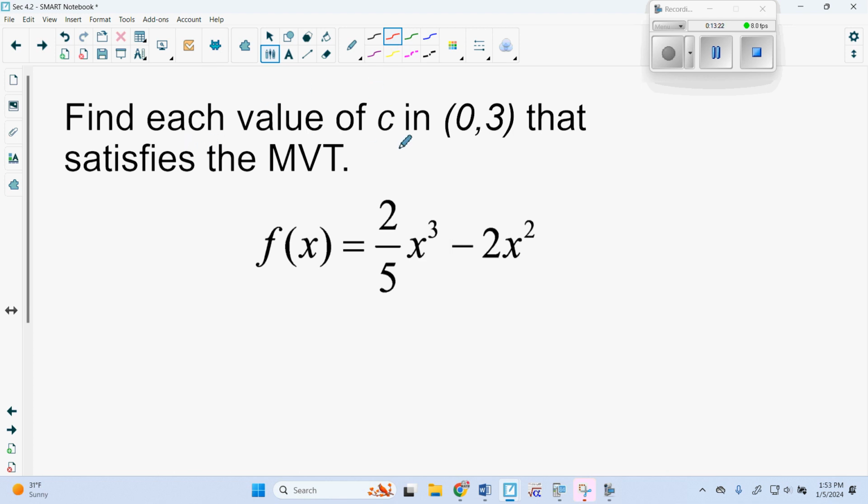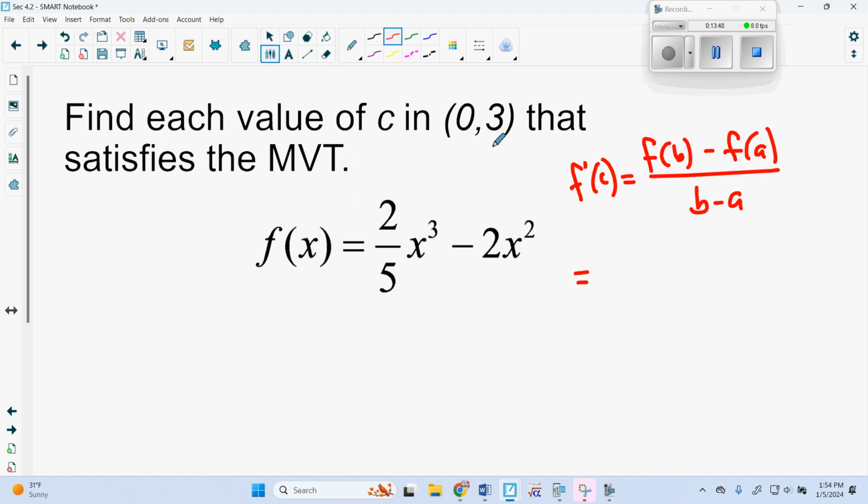Find each value of c from 0 to 3 such that it satisfies the mean value theorem. Okay. So by our mean value theorem, we have f prime of c equals f of b minus f of a all over b minus a. So first, let's do the right side.